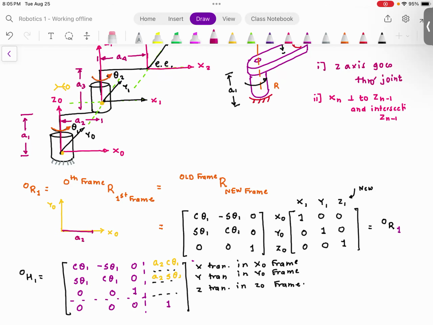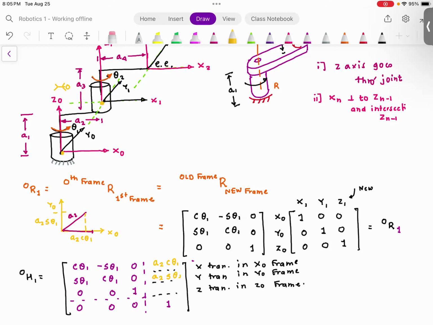When theta is non-zero, if this is your A2, then you are going to have A2 cosine theta 1, and you are going to have A2 sine theta 1. Do you agree with me?